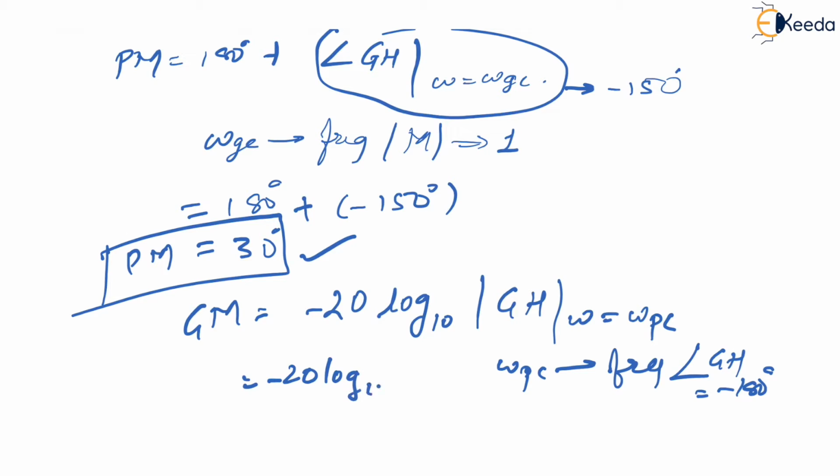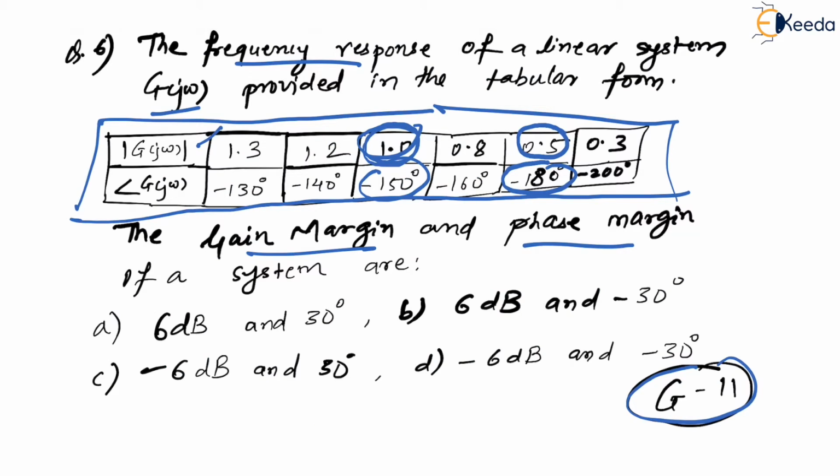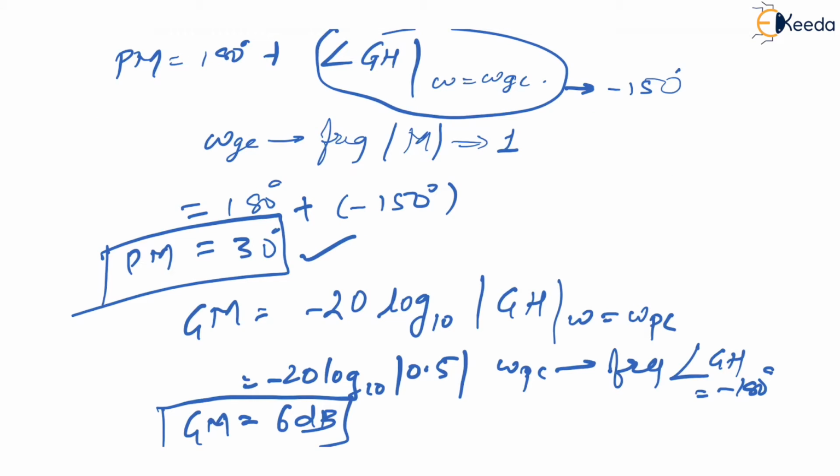So if I put minus 20 log to the base 10 of 0.5, the answer that you get is 6 dB. So the gain margin here is 6 dB. So the answer is 6 dB and 30 degrees. So it is option A.